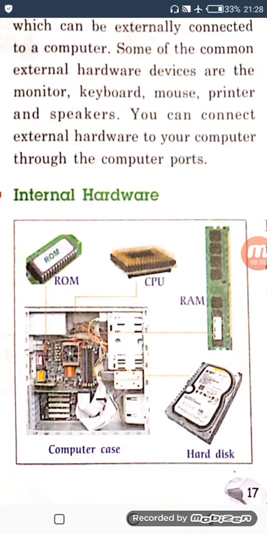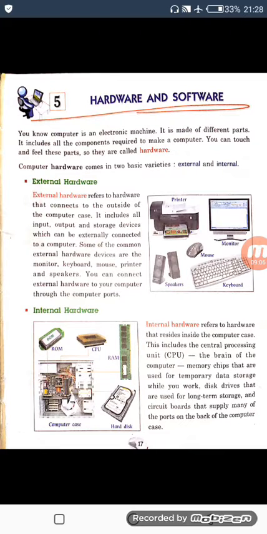What is the CPU? The brain of the computer, or we can call it processor or microprocessor, because all the task of processing our data into meaningful information is done by the CPU, and that is why it is kept inside the computer case.